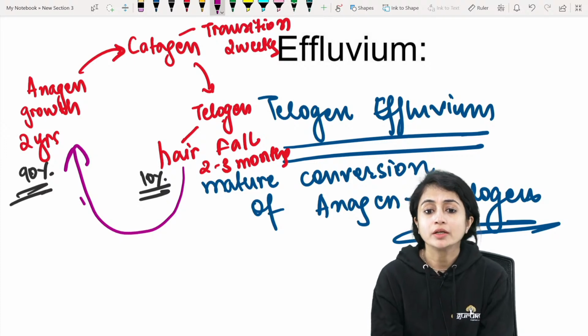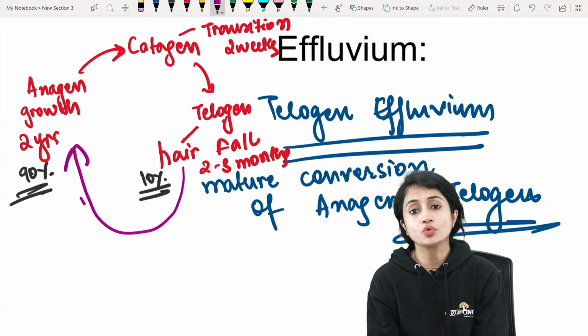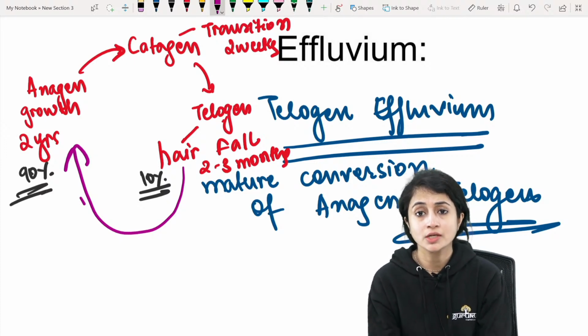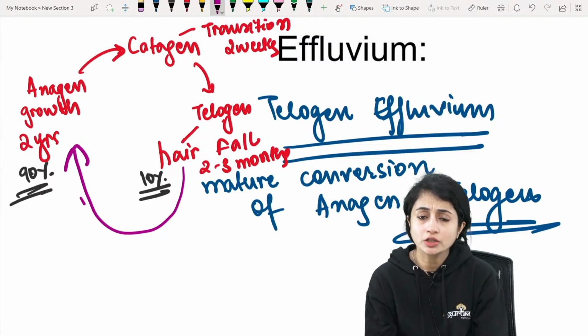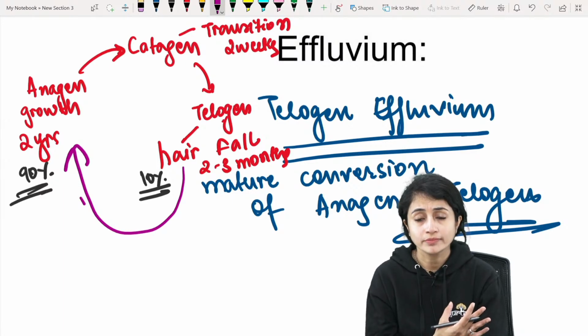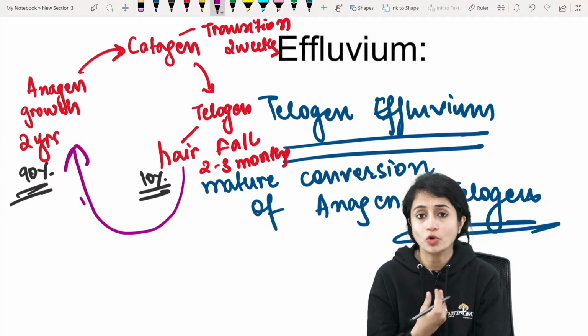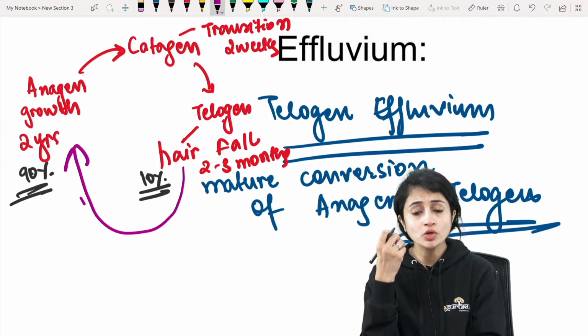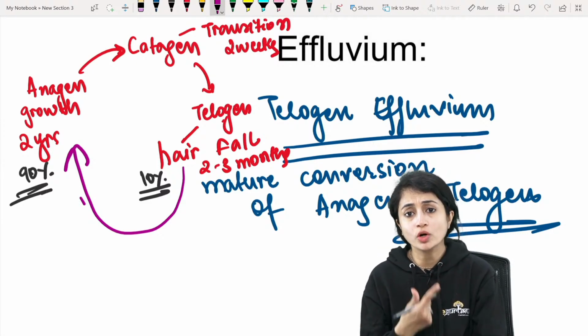Now what happens is, suppose you go through any kind of stress, COVID, malaria, chikungunya, then my anagen hair is the phase of hair growth. So it would require a lot of nutrition. Body does not have that much. Body is undergoing a stress, so it wants to minimize its requirement. So what does it do?